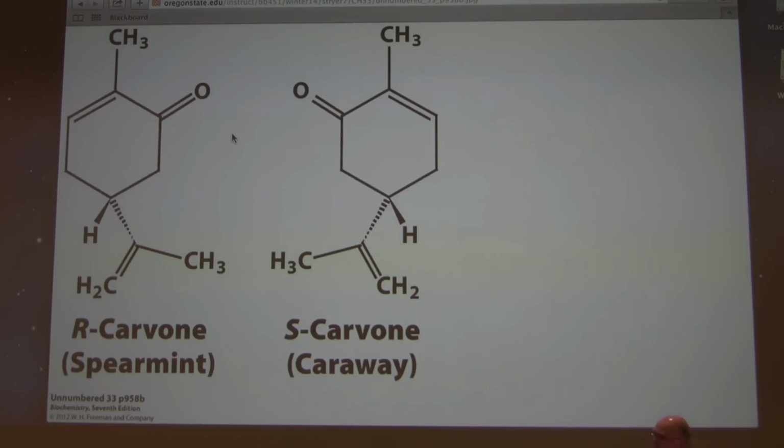One is the mirror image of the other. That's remarkable. What this reminds us, of course, is that what's doing the sensing is that these molecules are binding to proteins within the nerve cells of our nose.